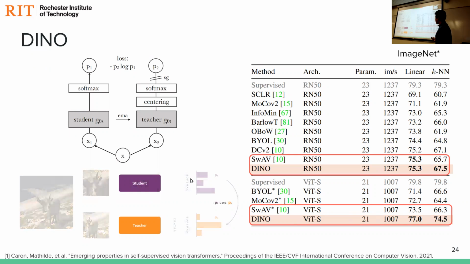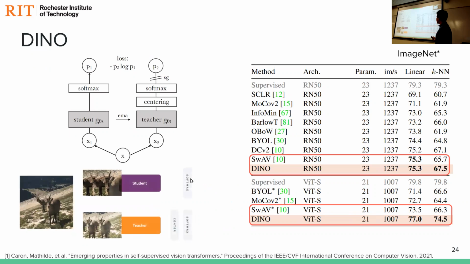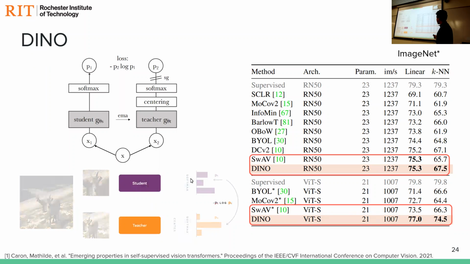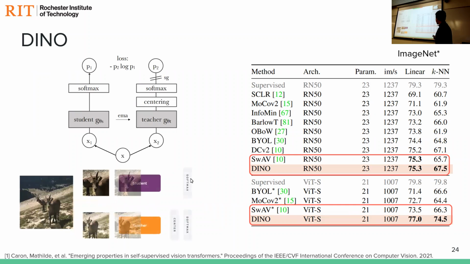You pass those two through some blocks, then you get a softmax output on each block, and then to compare those two, you use a loss that is really similar to the cross entropy loss that we use in supervised learning, but now we don't have labels, we just compare these two. And this has shown to be more general to different architectures, as I said before.